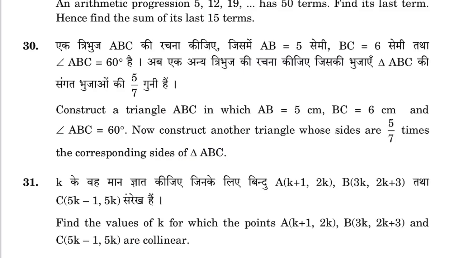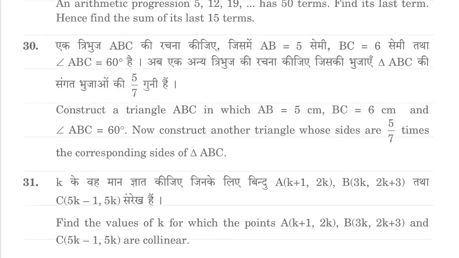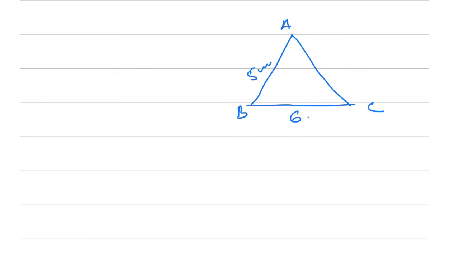30th question on construction. In this question we have to construct a triangle and then we have to construct a similar triangle. So let's draw the rough diagram first. So we have to construct a triangle ABC where AB is 5 centimeter and BC is 6 centimeter and angle ABC is 60 degree.